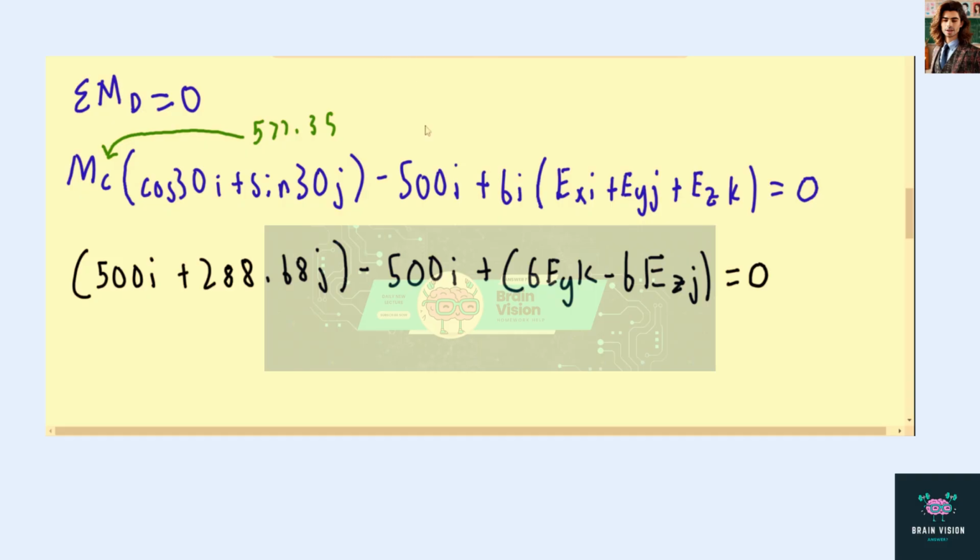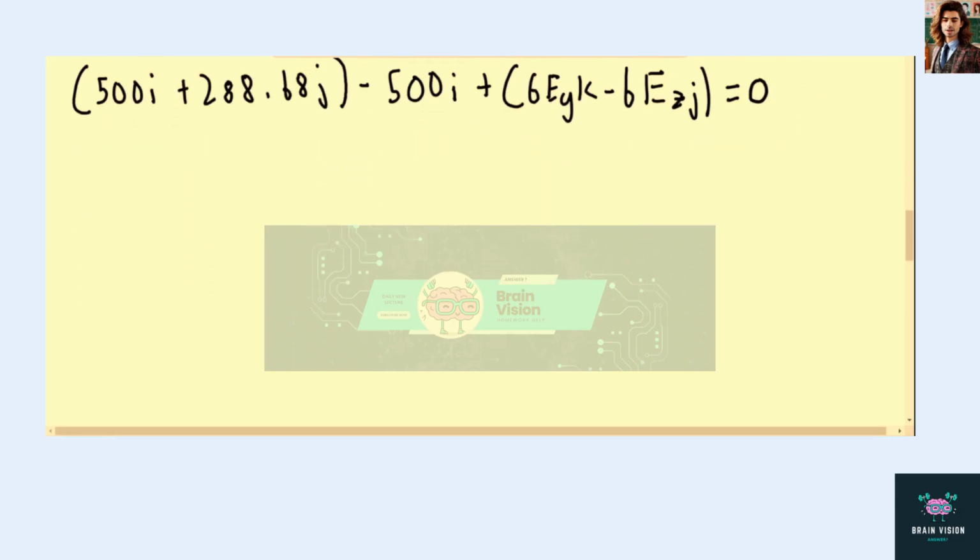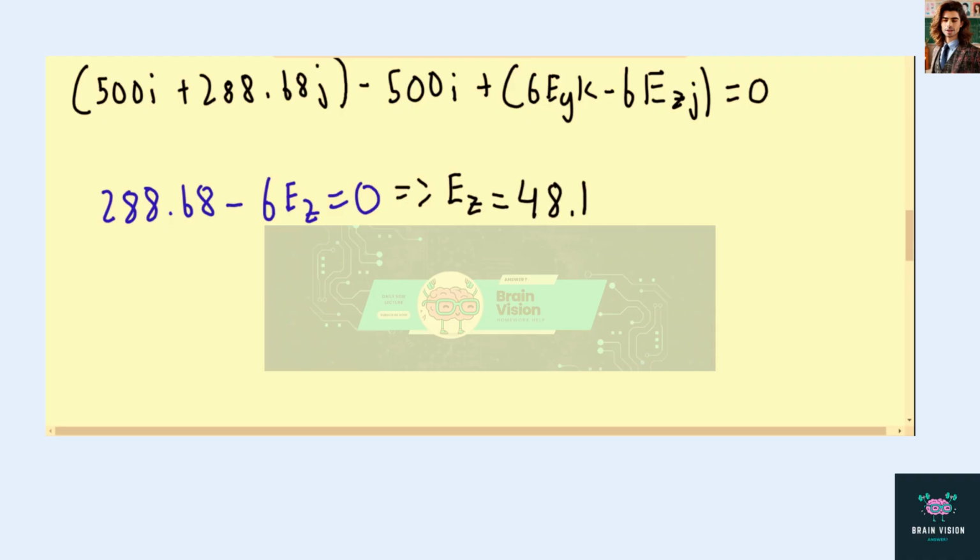So we notice that we're just left with vector components. I'm going to start with the j components: 288.68 minus 6 times E of z is equal to 0. And solving for E of z, we get a value E of z that is equal to 48.1 pounds.